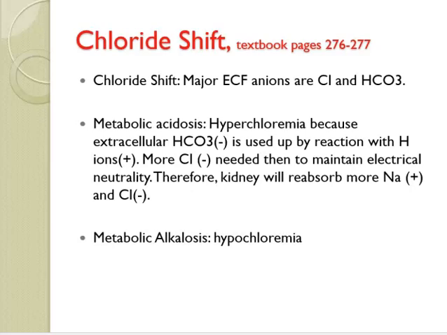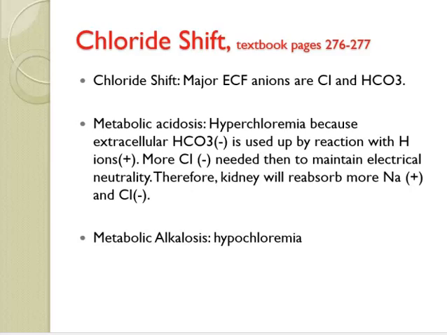So hyperchloremia, because extracellular bicarbonate is used up by a reaction with hydrogen ions, more chloride is needed then to maintain electrical neutrality. Therefore, the kidneys will reabsorb more sodium and chloride. So there's an increase in chloride and a decrease in bicarbonate for metabolic acidosis.